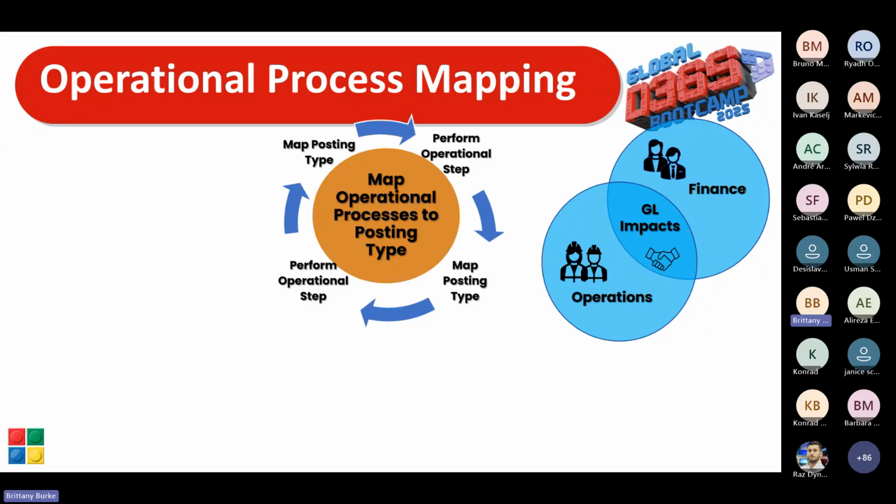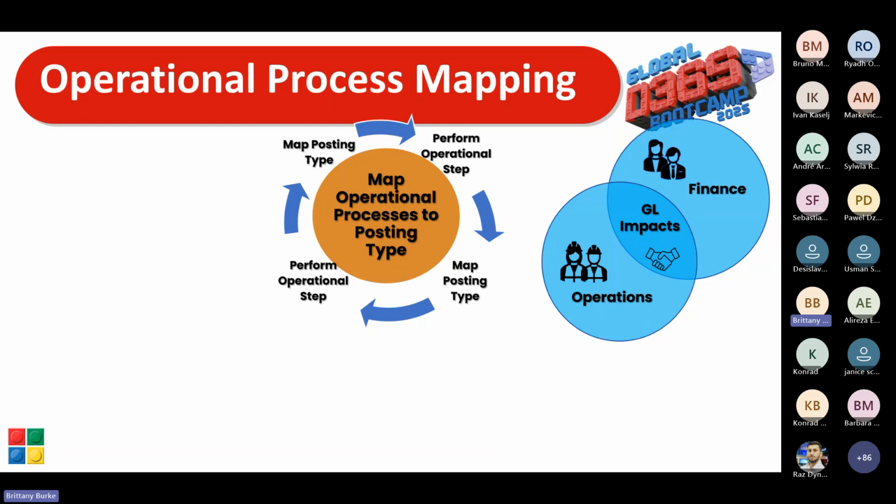So the first step that I like to encourage people to do is to start by mapping your operational process to posting types. So this is your do a click, check the GL. Do a click, check the GL. It's very repetitive, but you want to capture any voucher transactions that are created and associate them with a specific action that you're taking.